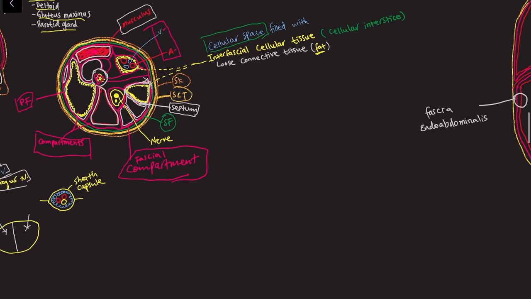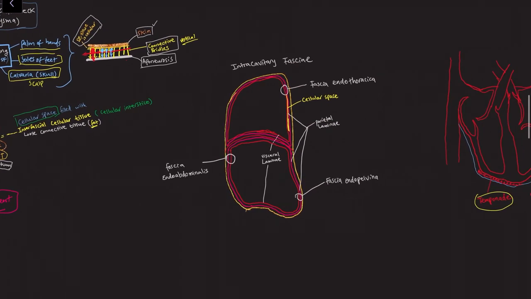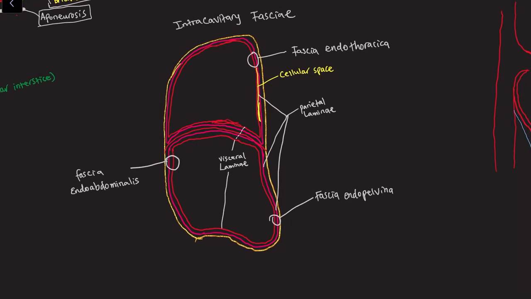Now, let us move on to the next aspect. As we said, first of all, you have the skin, followed by the superficial fascia, the subcutaneous tissue.